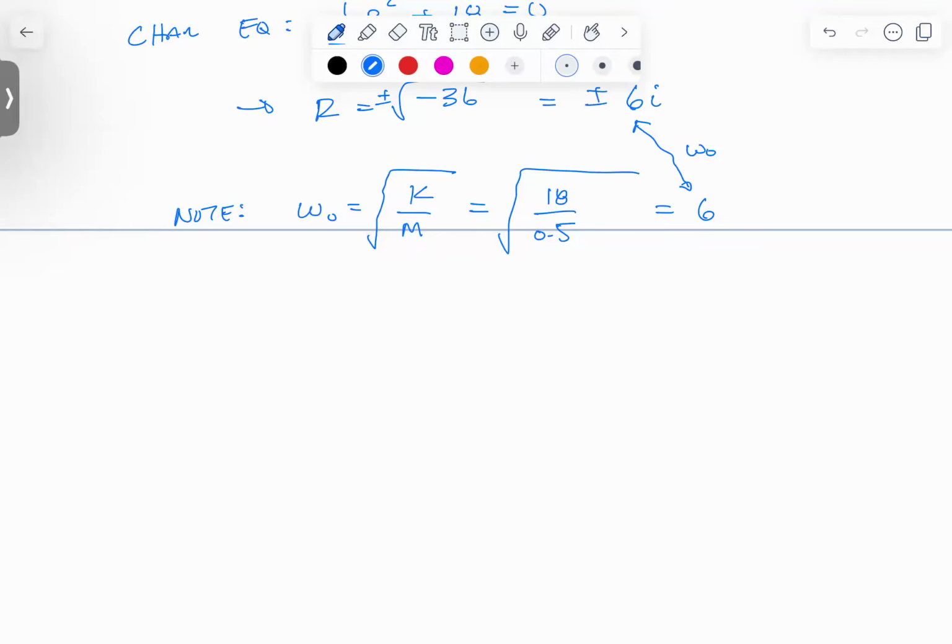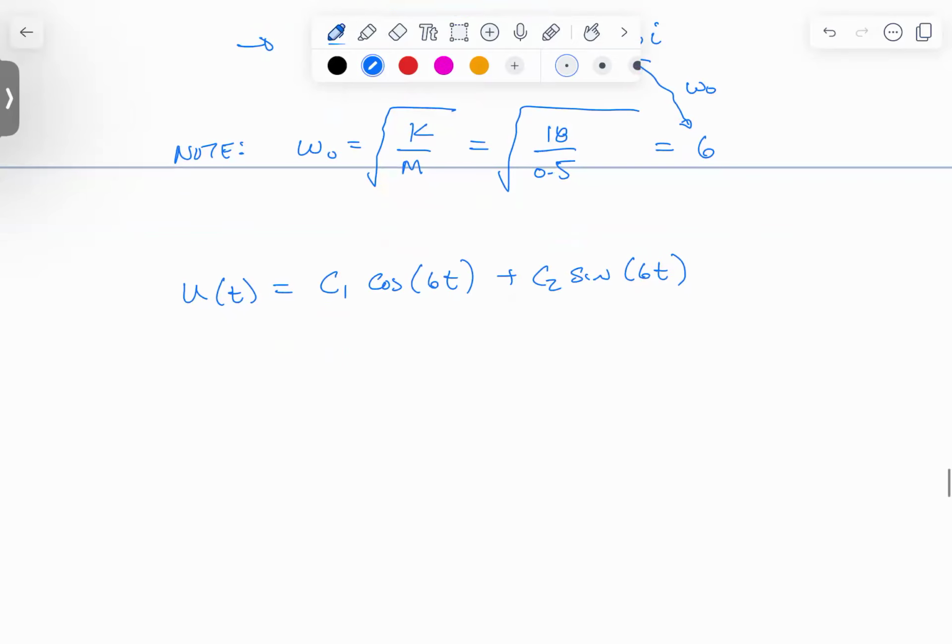But there are little other shortcuts when we have specific cases, once these are the homogeneous cases specifically. So we get our equation from our characteristic or by using omega 0 and plugging it in. Then we need to take derivatives because before we go into reducing it down, I need to solve for C1 and C2.